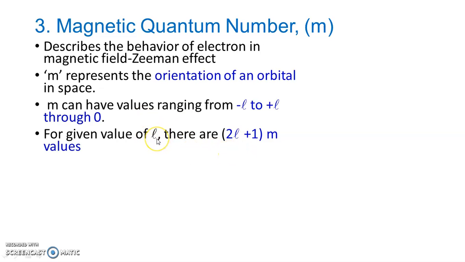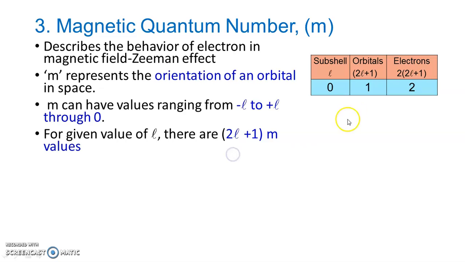If l is equal to 1, then possible m values are 3, that is -1, 0, +1. If l is equal to 2, then possible m values are 5, that is -2, -1, 0, +1, +2.